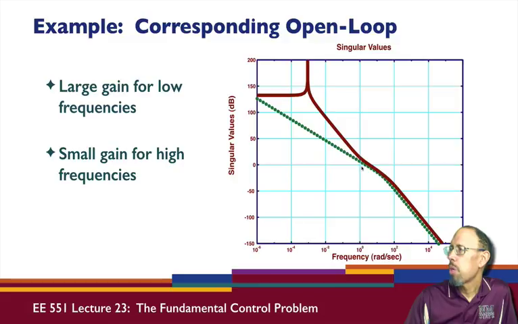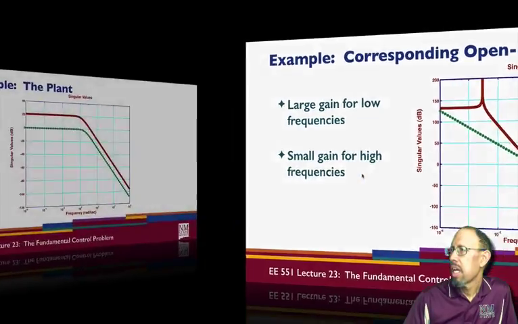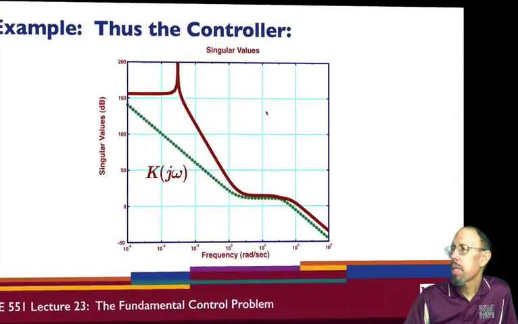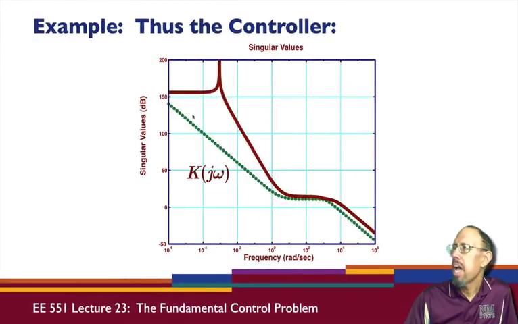So if this is the response that we want for PK, and this is the response we have for P, then obviously our controller is going to have to compensate so that the product of this times K gives us something that we would want. So that would mean the controller K has to have a frequency response that looks like this.